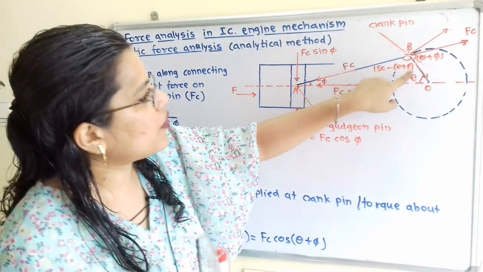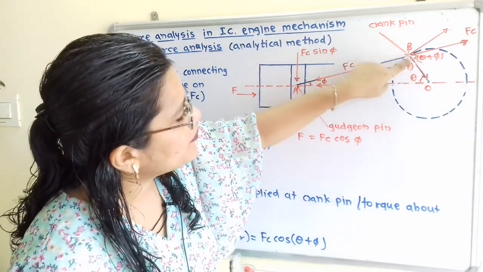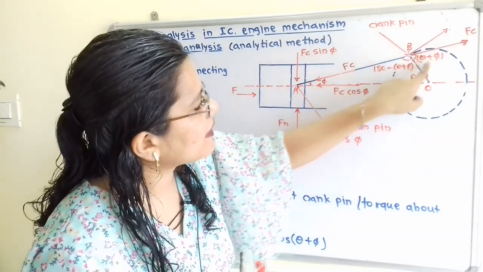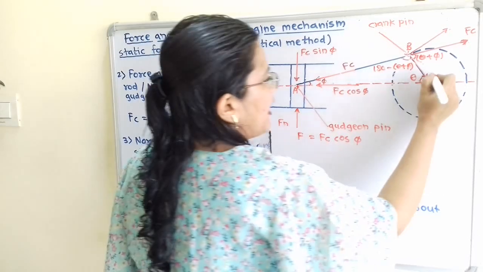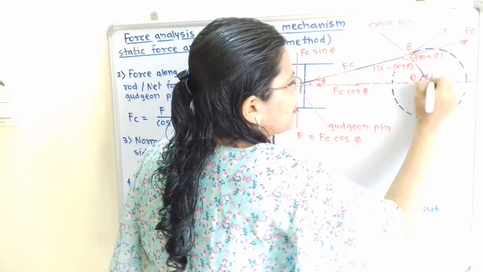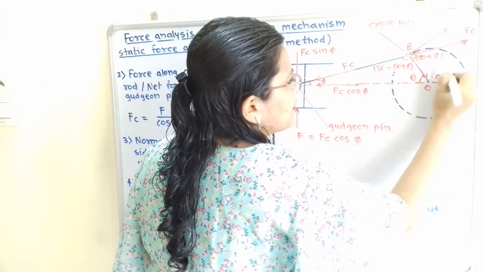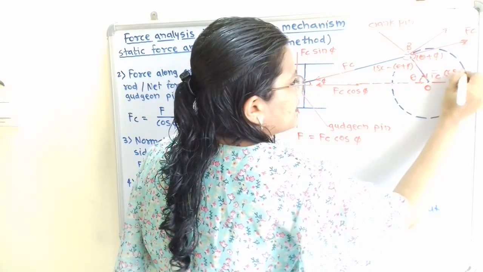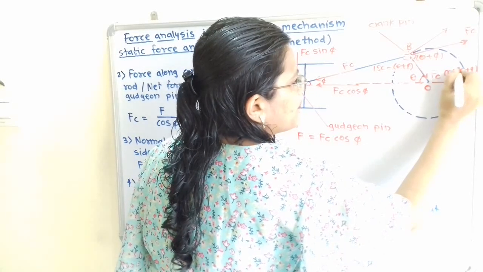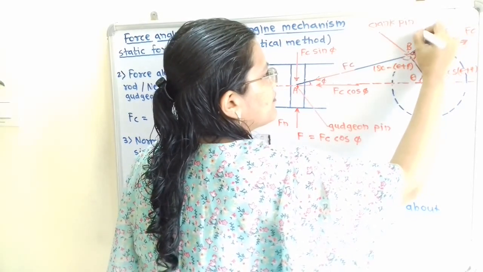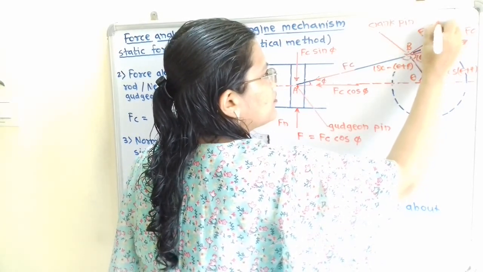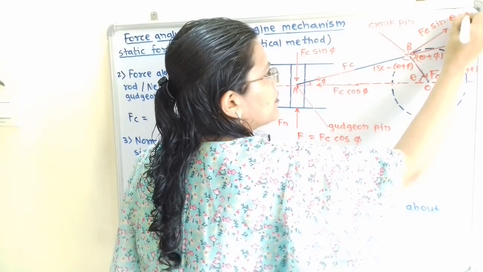So now if we observe this component BO is making an angle of theta plus phi with Fc. So we can write the value of this component is Fc cos of theta plus phi. And for the remaining component we will write Fc sin of theta plus phi.